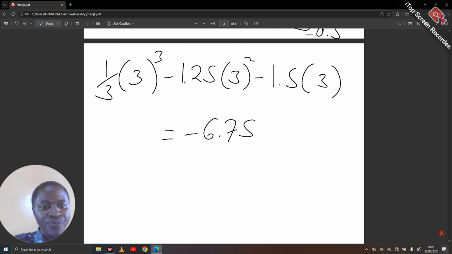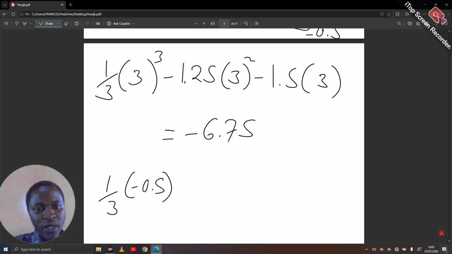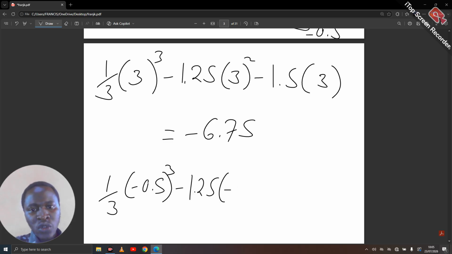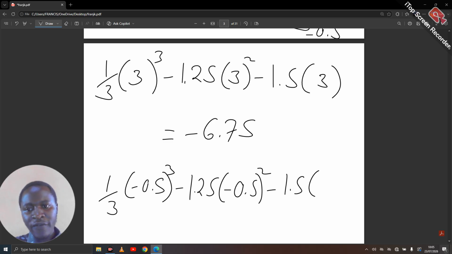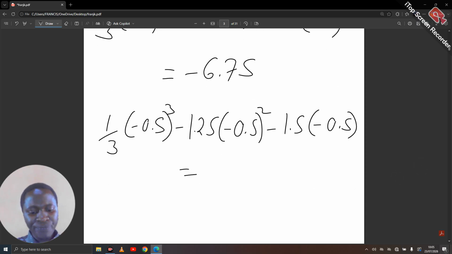Now you do the same to negative 0.5. So we now have a third into negative 0.5 cubed, minus 1.25 into negative 0.5 squared, minus 1.5 into negative 0.5. Press this in your calculator. You will have 19 over 48. Avoid the decimal; if the answer can be expressed as a fraction, avoid the decimal.